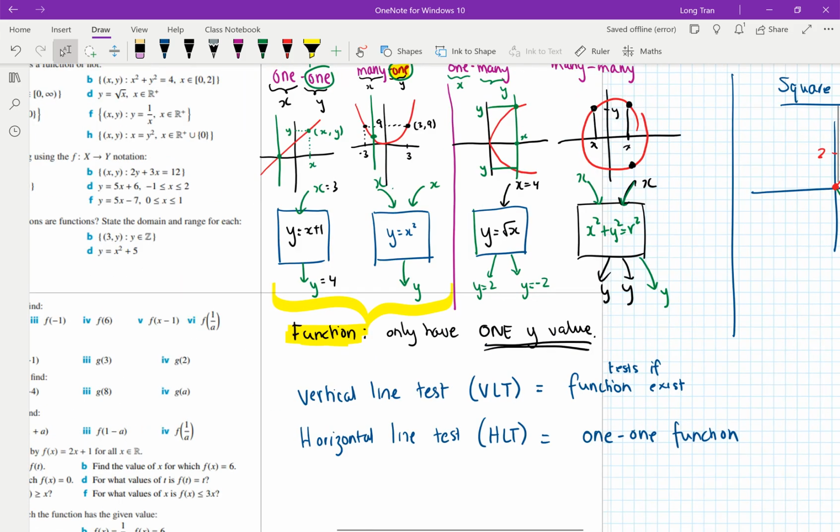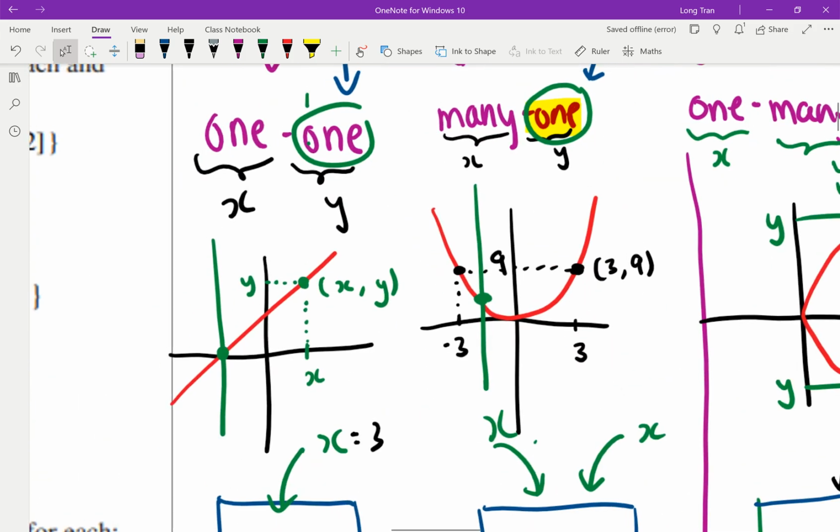So if you think about the linear equation that I got just then, can you see if I did a horizontal line, this now wants to see, are you going to get multiple x values? So when I do a horizontal line, it only crosses once. That implies there's only one x value. So that tells me it's a one-to-one type function.